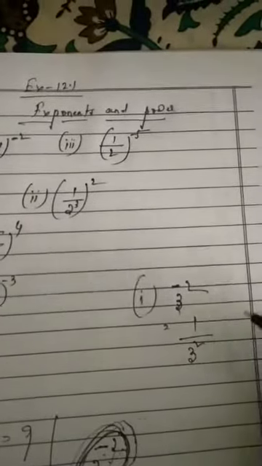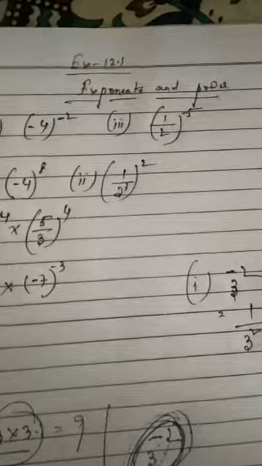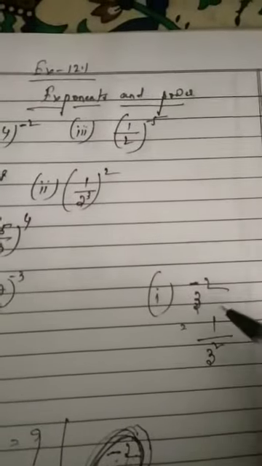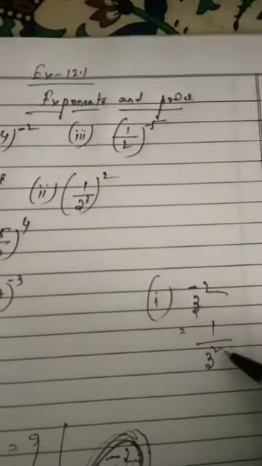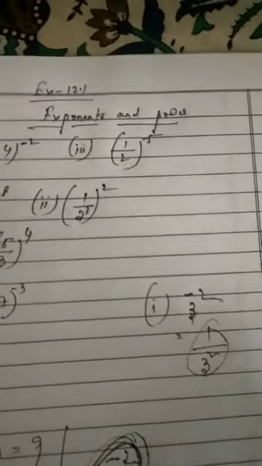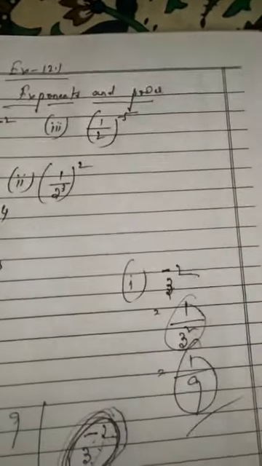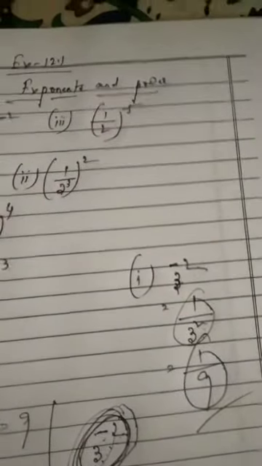Negative will become positive. So as it was 3 to the power minus 2, now it has to become 1 by 3 to the power 2. Now we can solve: 1 by 3 square means 9. 1 by 9 is the answer of the first question.